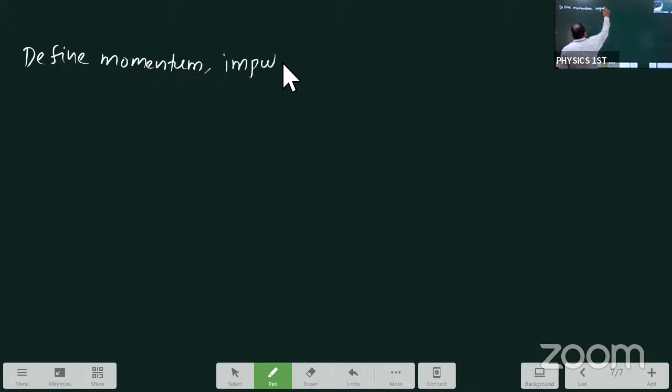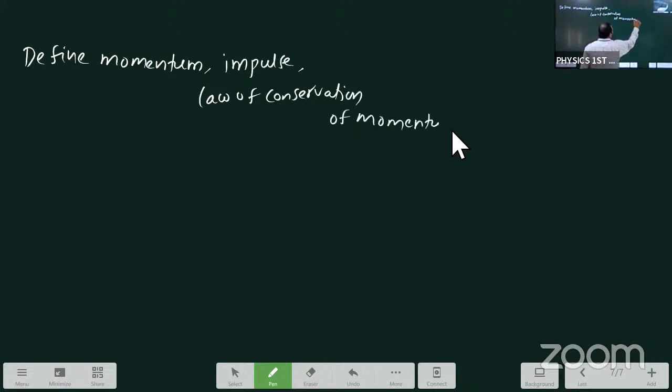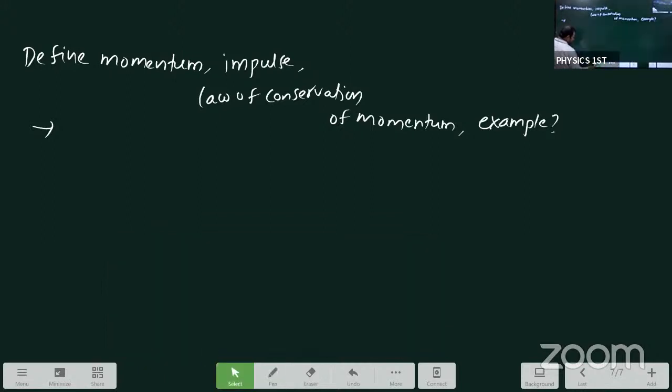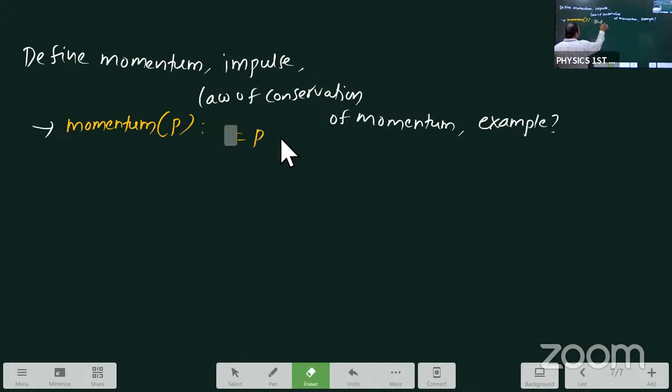Now, student, first momentum, P. You are writing: product of mass and velocity.